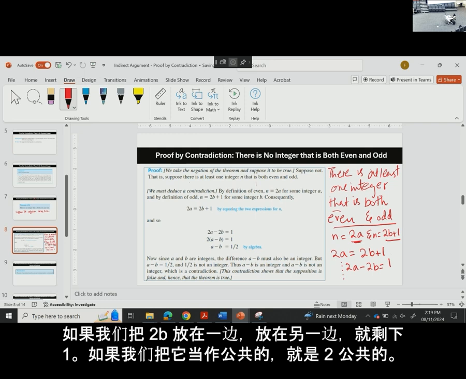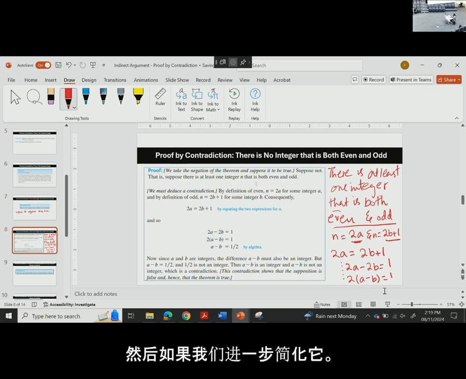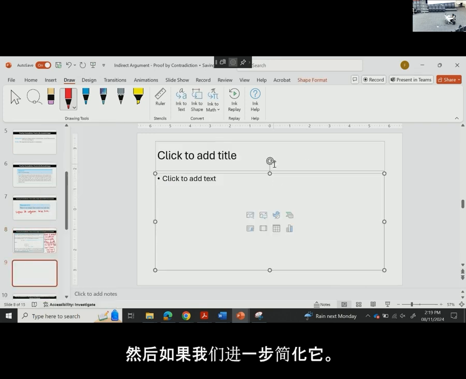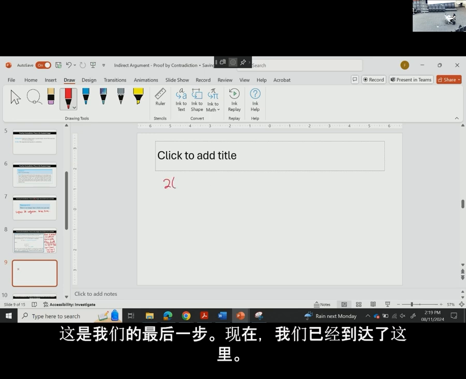And if we take 2 common, and then if we simplify it further, so this was our last step. Now this is where we have reached.